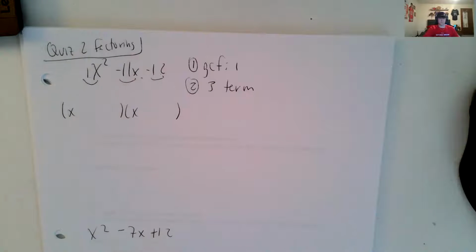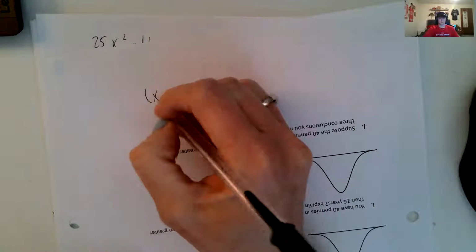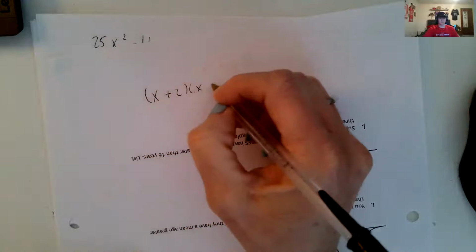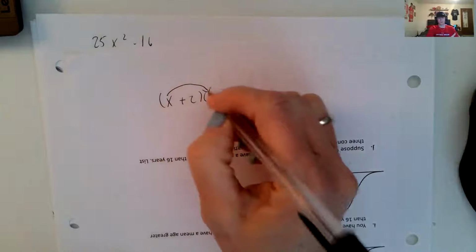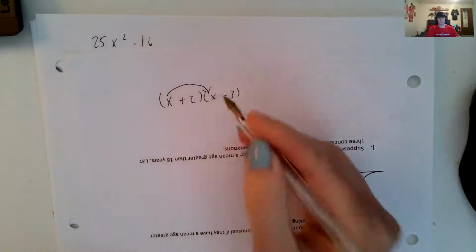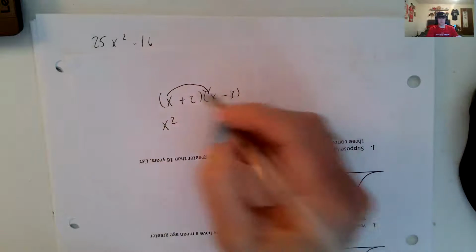So we're thinking about using our FOIL multiplication system in reverse. I'm just making something up here. We're envisioning that we've got something like this, and we're going to multiply using our FOIL: first, outside, inside, and last. So the x times x would make the x squared.